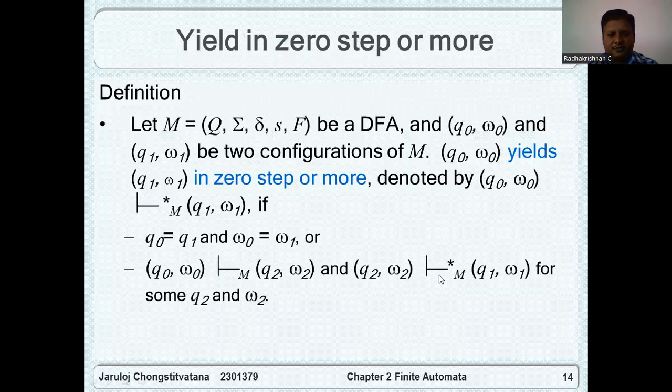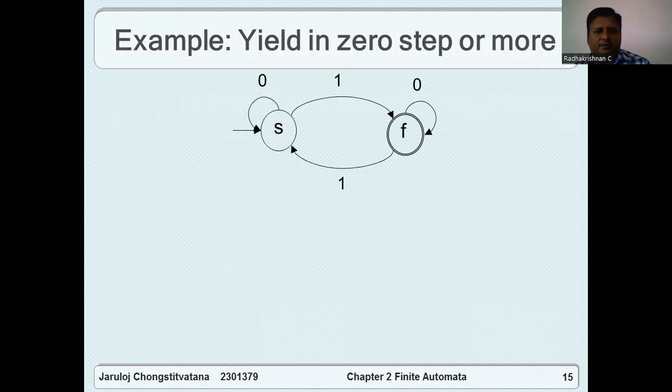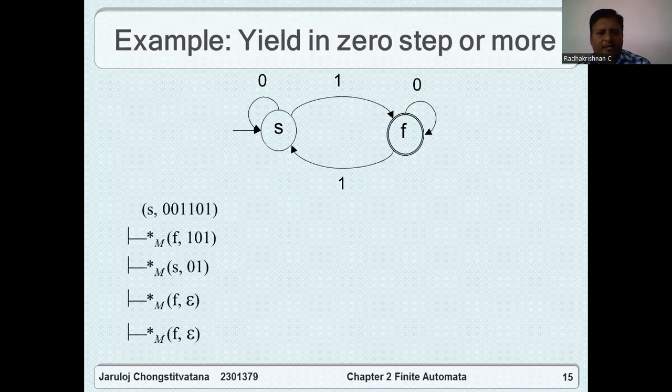Similarly for the next steps, we have derivation in zero or more steps. So for n number of steps, it will appear similarly. Yielding in zero or more steps means the derivation will be in terms of n number of steps.